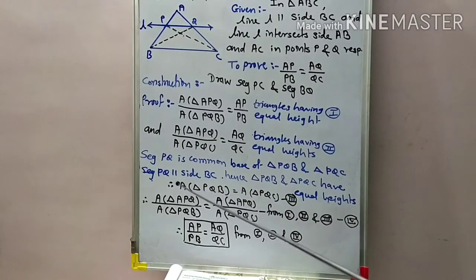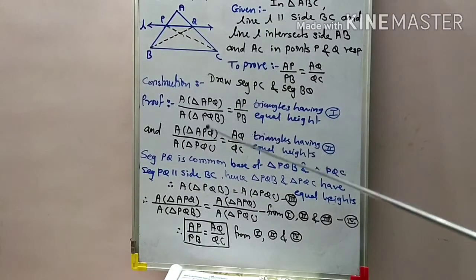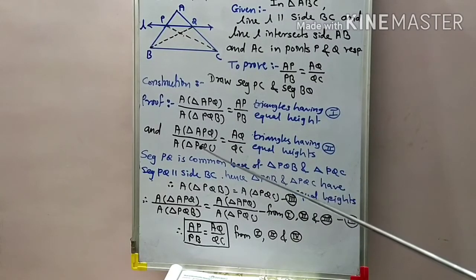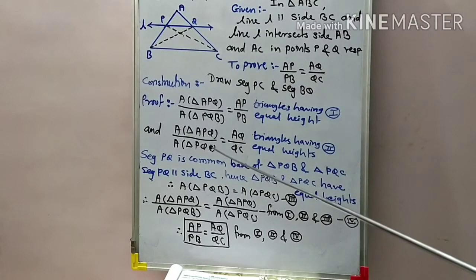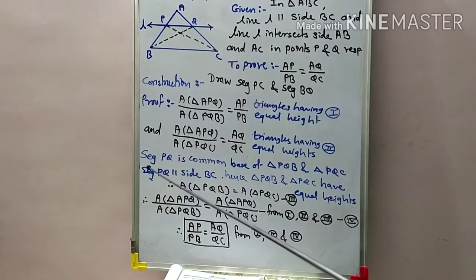Then we write segment PQ is what? Common base, because here the numerator part is the same. Now we have to prove that the denominator part, meaning these two triangles, triangle PQB and triangle PQC, also have the same area. And how do we write this?